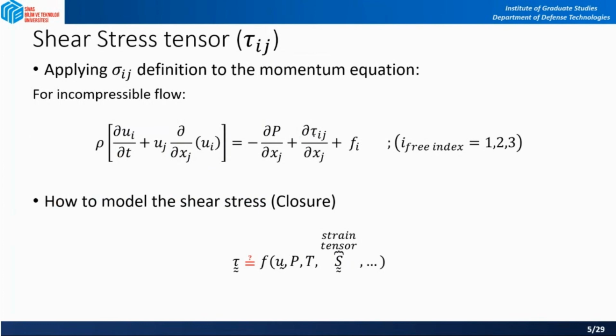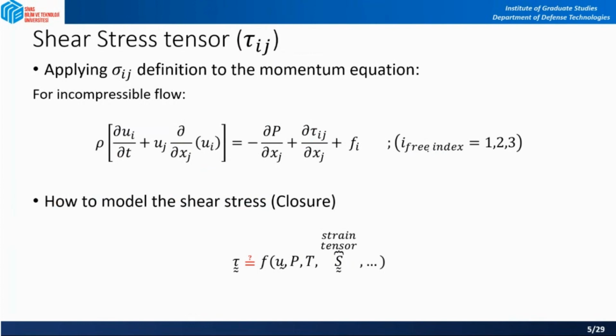For incompressible flow, I have rho dui dt plus uj dui dxj is equal to minus dp dxi plus d tau ij dxj plus fi. And i is a free index from 1 to 3.